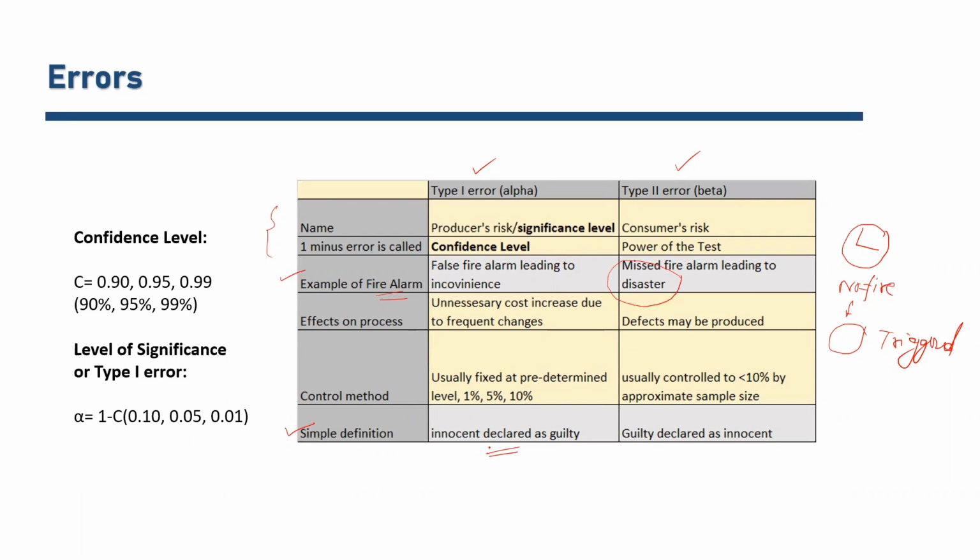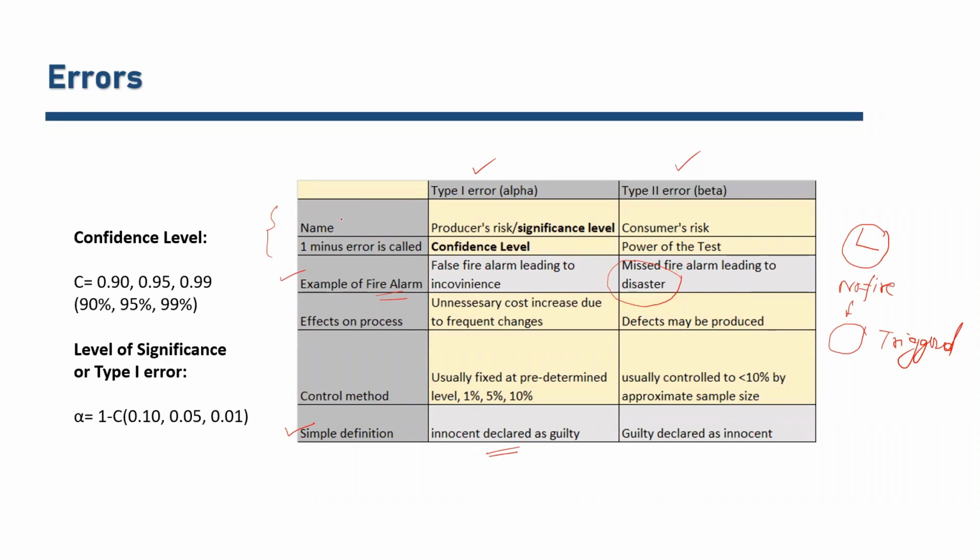But a person who is innocent cannot be declared as guilty. So that's why in a court of law, it is the duty of the opposition lawyer to make sure that he has enough evidence to prove that the person is guilty, because that is the topmost priority.